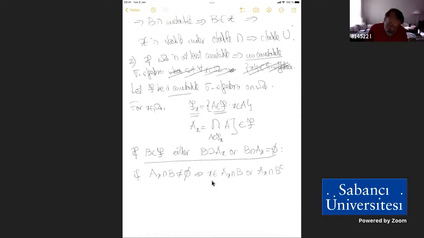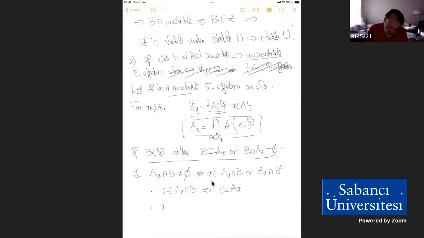So if x belongs to the first one, well, this is a contradiction because Ax is the smallest measurable set containing x, this implies that B should be equal to Ax, by definition of Ax.